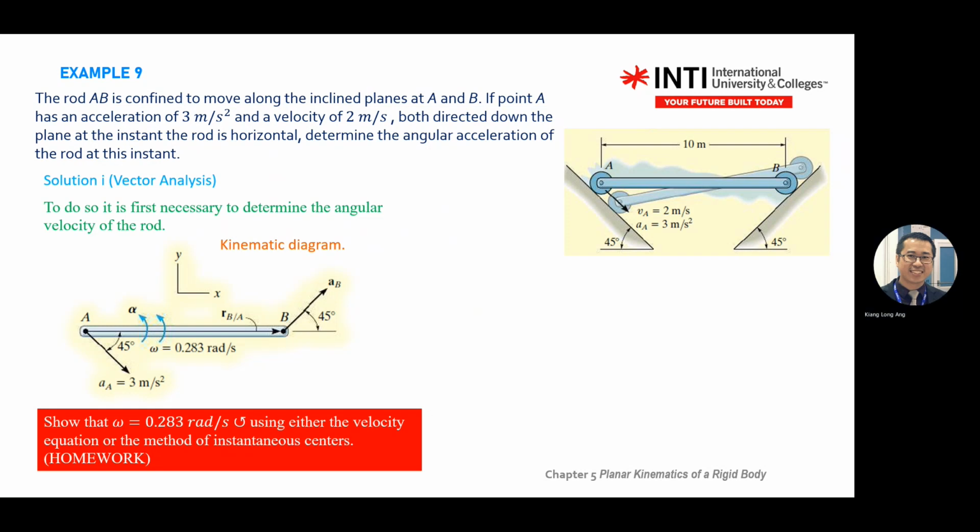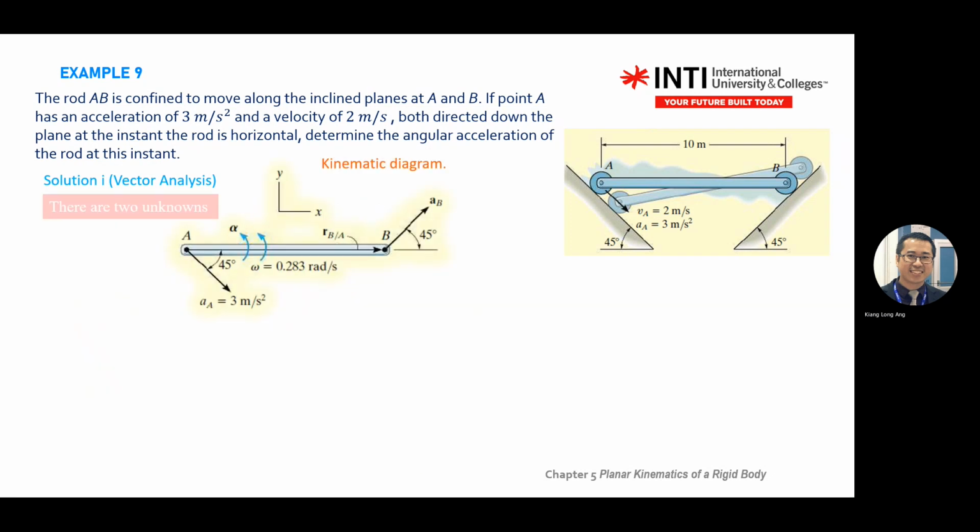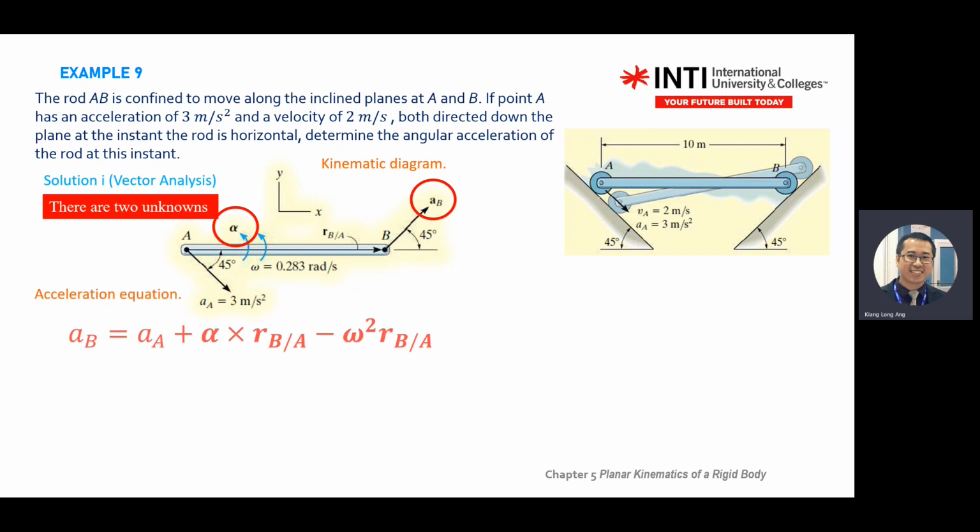Okay. Then you focus on this equation: acceleration of B equals acceleration of A plus alpha... Why this? You have these two because you have A to B, this a_B/A. You have one acceleration magnitude there.